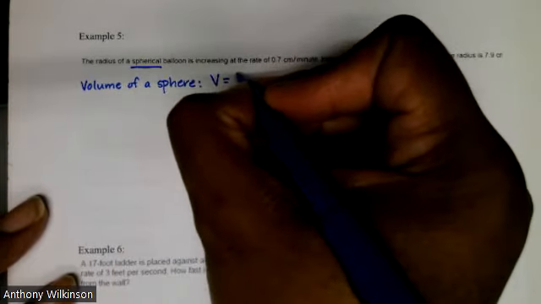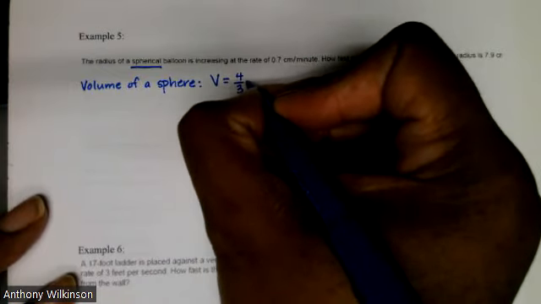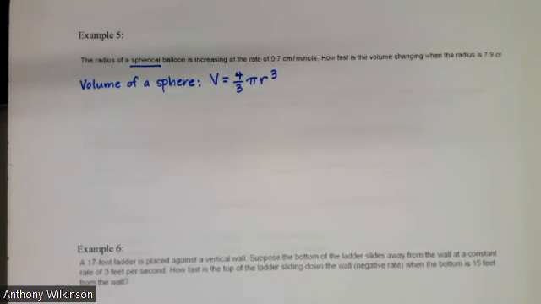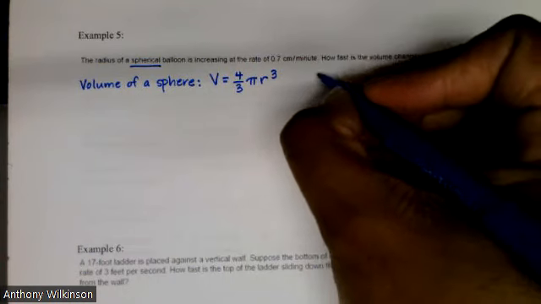And that's going to be this. V is equal to 4/3 pi times the radius cubed. Now, we are told in this problem that the radius is increasing at a rate of 0.7 centimeters per minute.